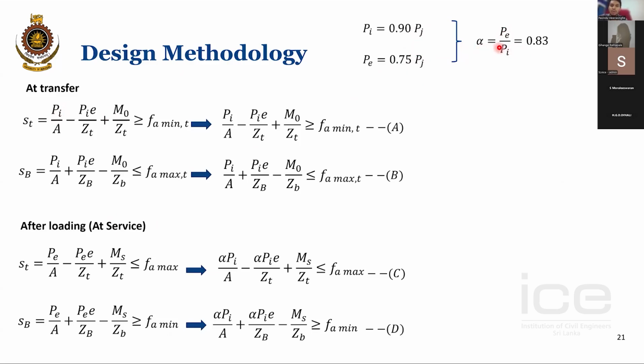So if you know alpha, or the percentage of pre-stress losses, we know this alpha ratio. So the force in this second set of inequalities can be expressed in terms of Pi. Here I use Pi, and here instead of PE, the load during the service is denoted as alpha times Pi.